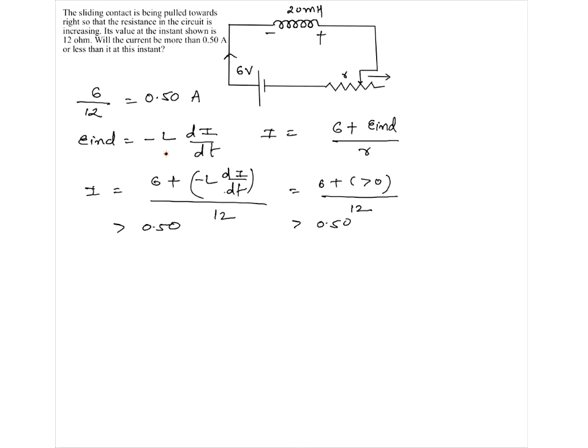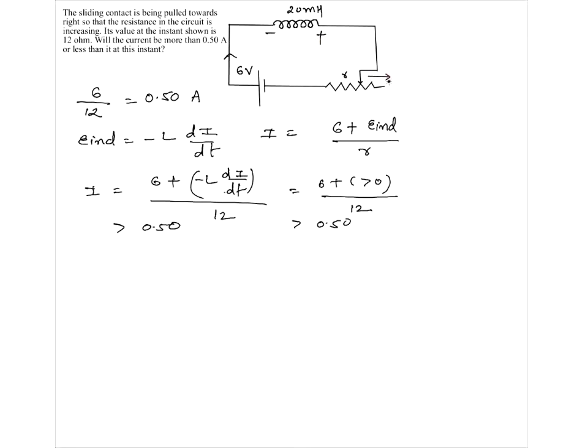And because resistance is increasing, current has to fall. So di by dt has to be negative. Negative into negative is positive. That means whatever is the direction shown, the same will be the answer.